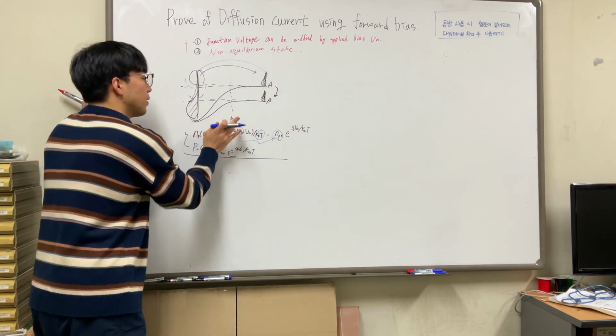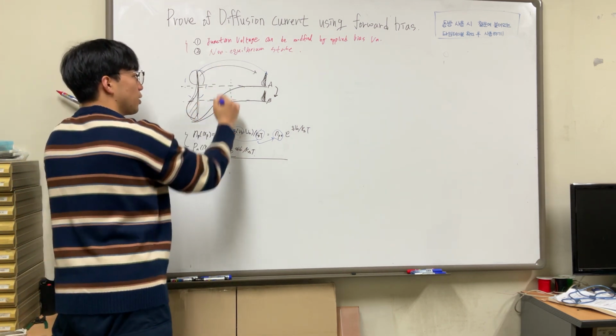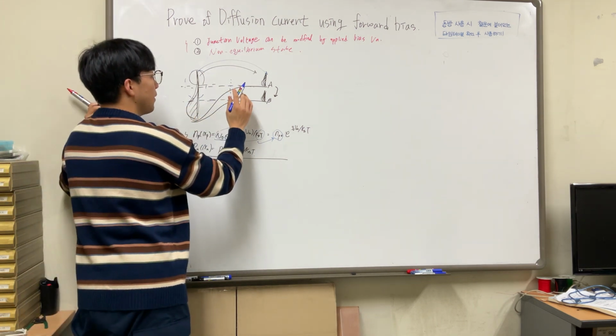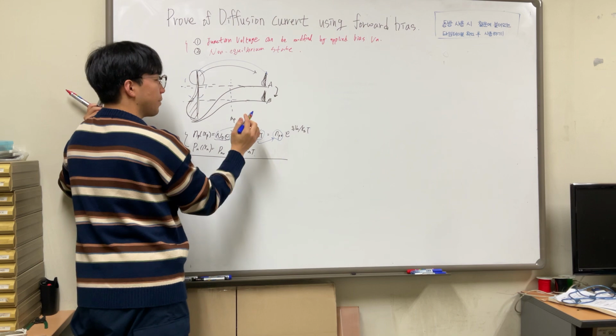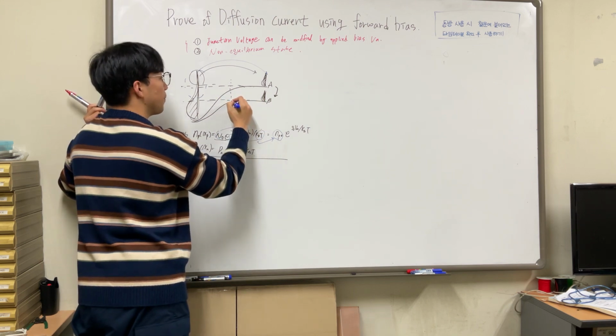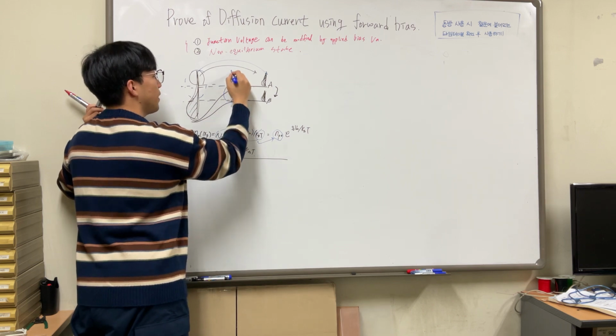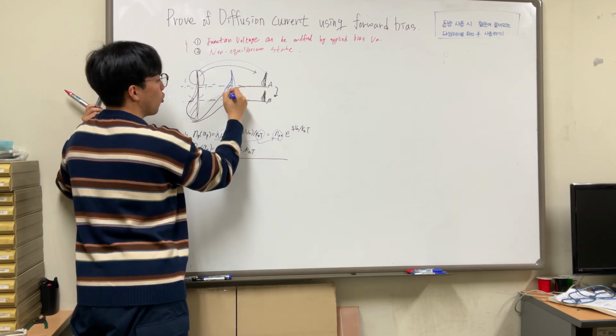So in the part of xp, the Boltzmann tail will be drawn like this.